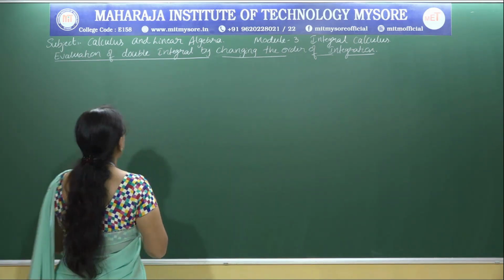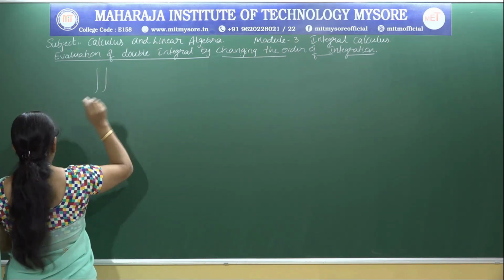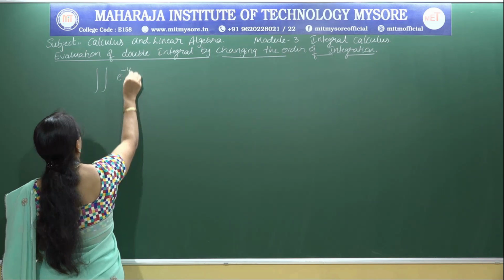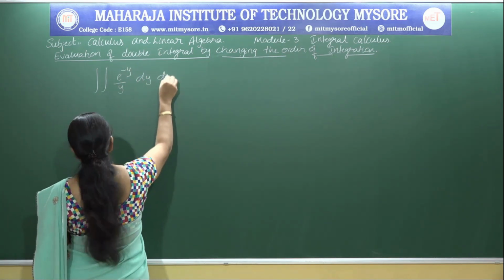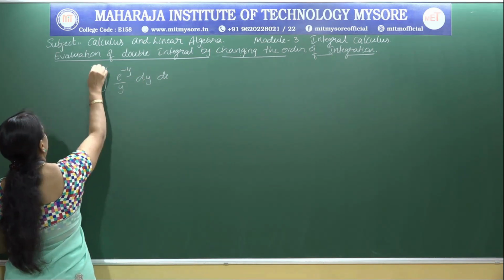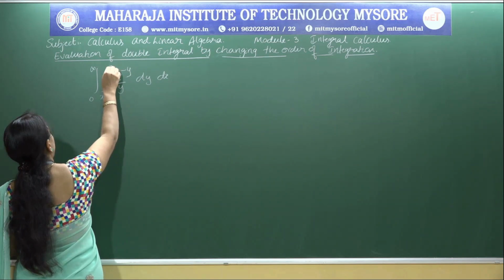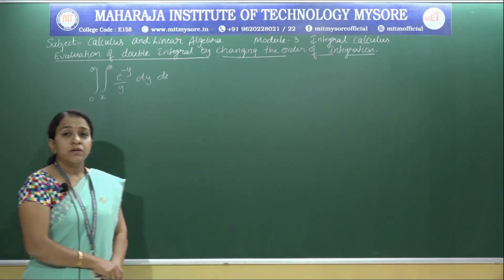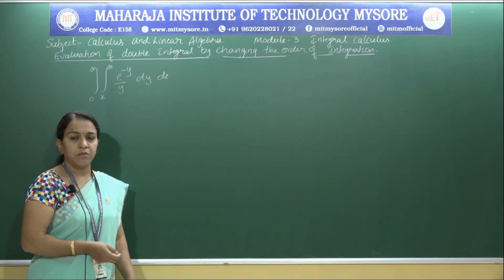Consider a double integral of e to the power of minus y by y dy dx, between the limit 0 to infinity and between the limit x to infinity. So, we know how to mark the limit for x and y variable.